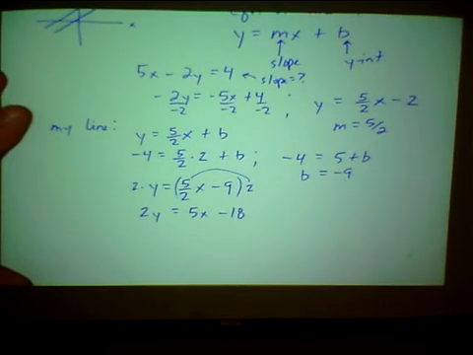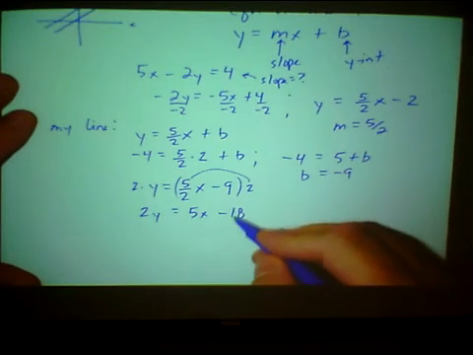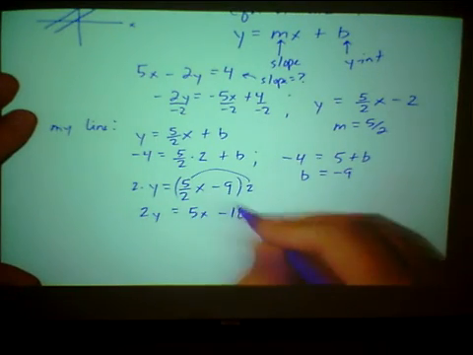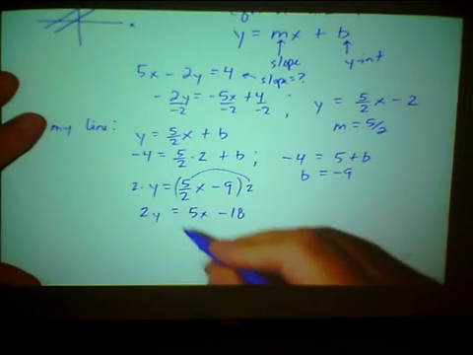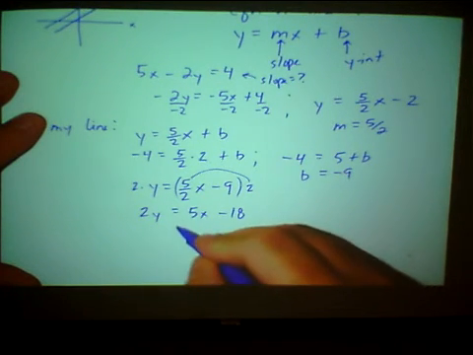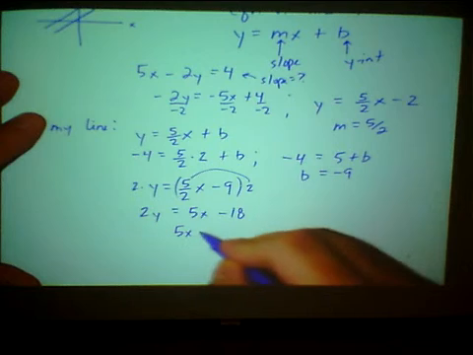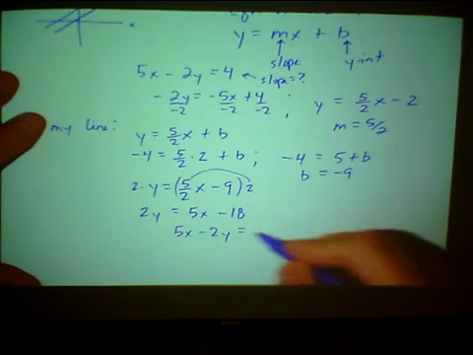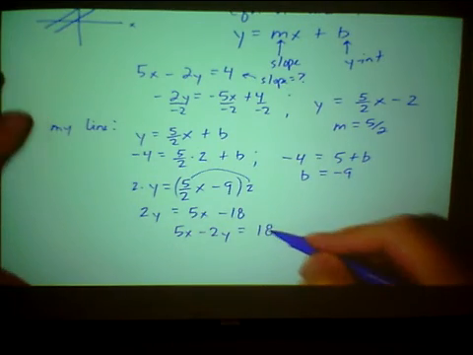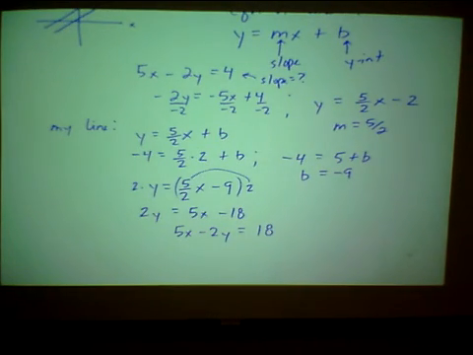And normally we would like our x value to be positive. So I'm going to add 18 to both sides to move the -18 and subtract 2y to move it to the right. So by the time I do that, I end up with 5x minus 2y equals 18.